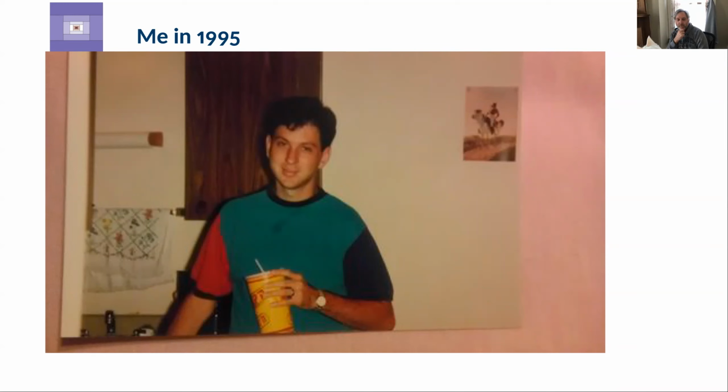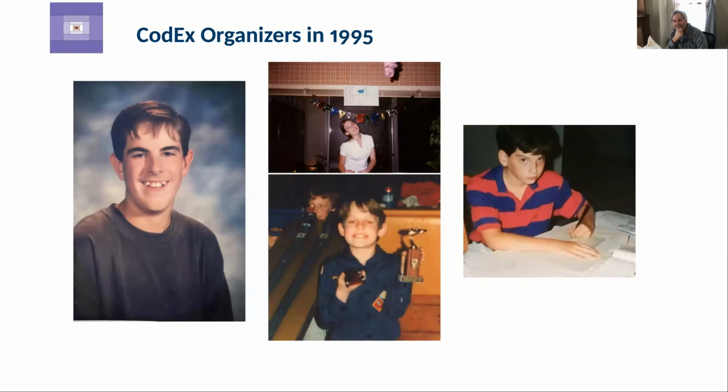In case any of you are worried that if you want to work on wavelet sets later, working on wavelet sets will make you old, based on this you might think that. But I have evidence that it's not only people who worked on wavelet sets who got older. Here are the pictures of the organizers from 1995.